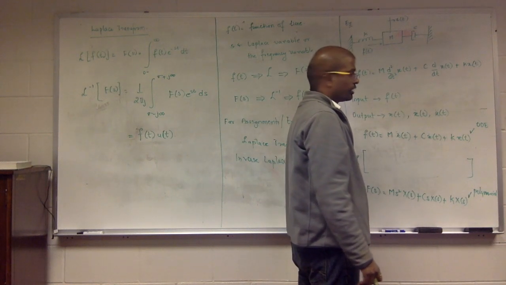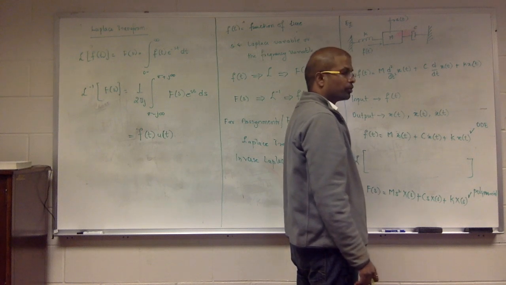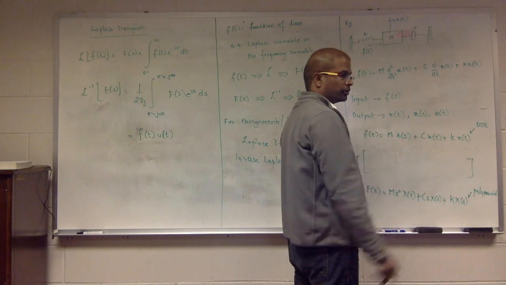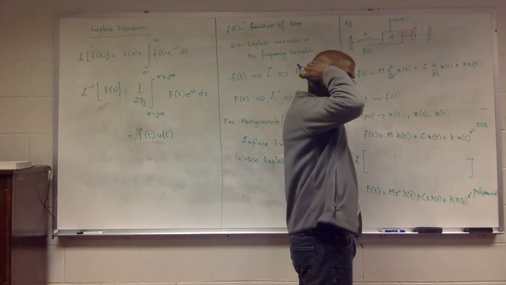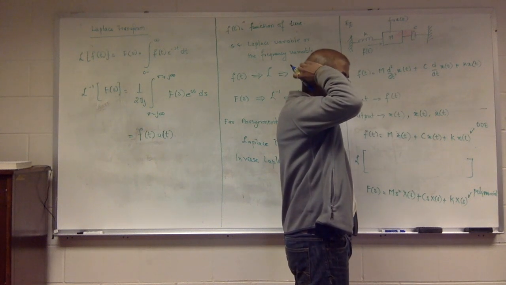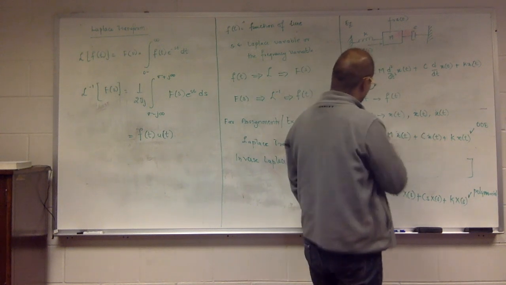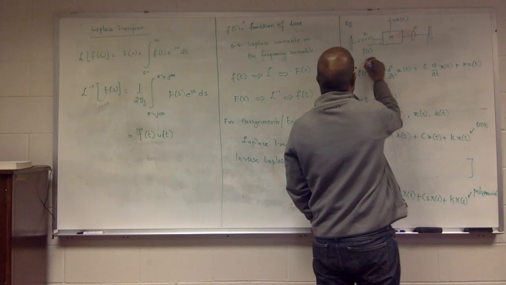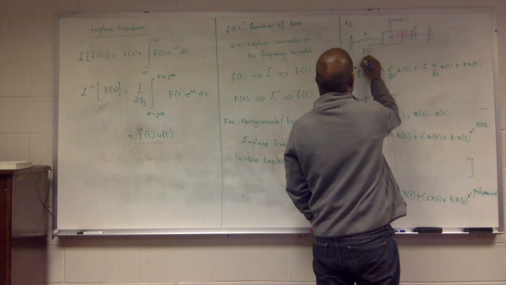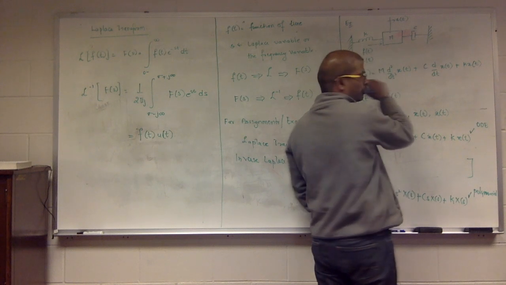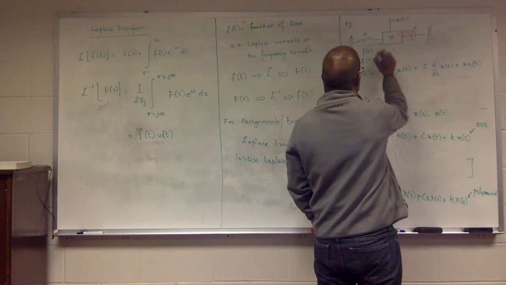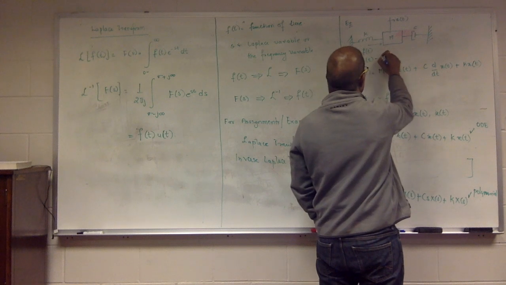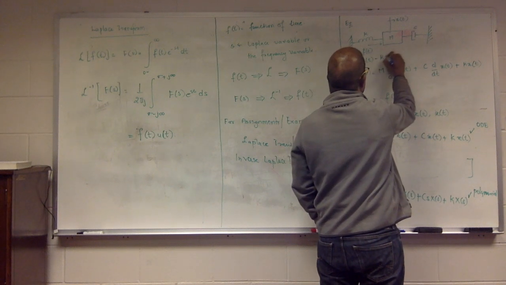And the spring force is proportional to the spring constant into displacement. So if I write this even before this, it can be written like this: F of t is the applied force, minus k x of t.